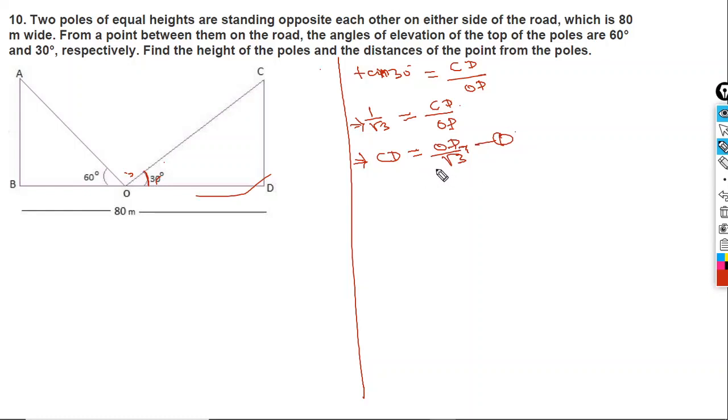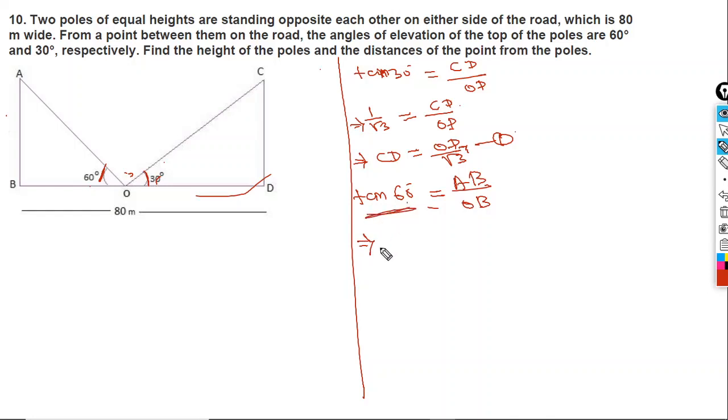Now again we will move to here. Here we will find tan 60. Tan 60 degree is equal to, again, AB by BO, or OB you can write. So we write tan 60 degree equal to AB by OB.